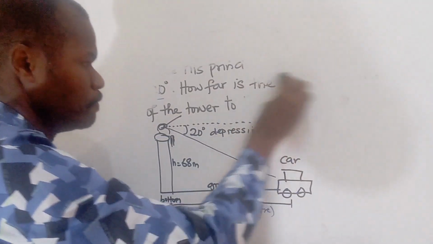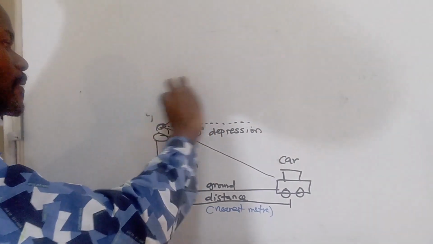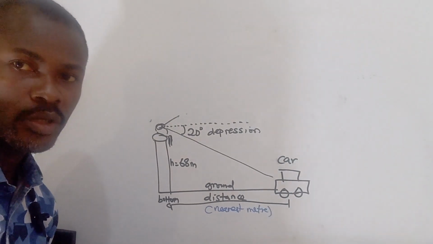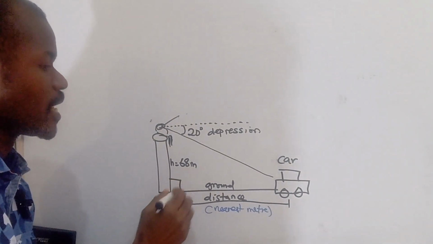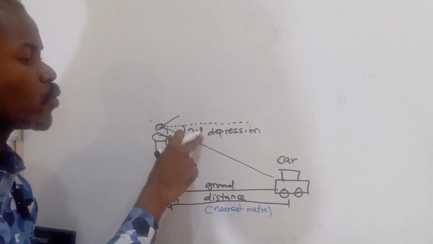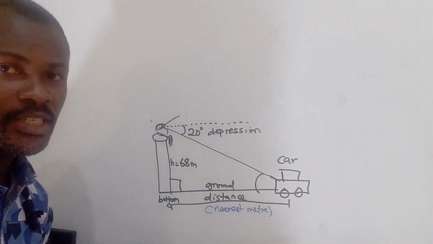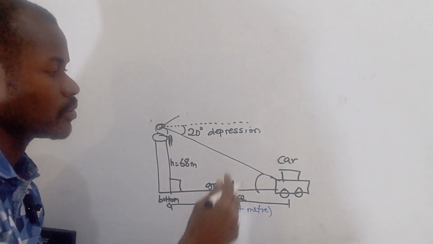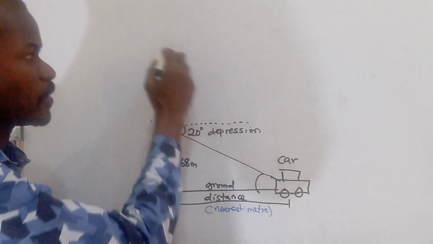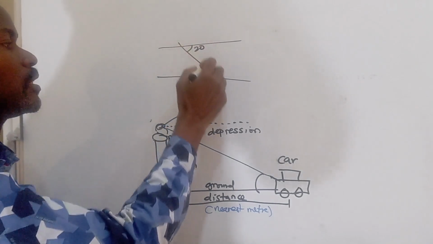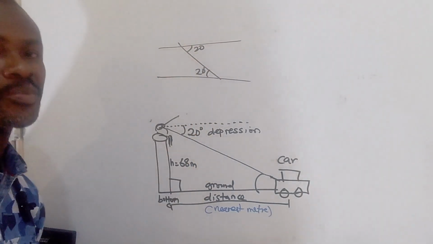The first thing is to identify that this is a right angle triangle. If this is 20 degrees, what should this angle be? Using the idea of alternating angles, if this is 20, then this is also 20.